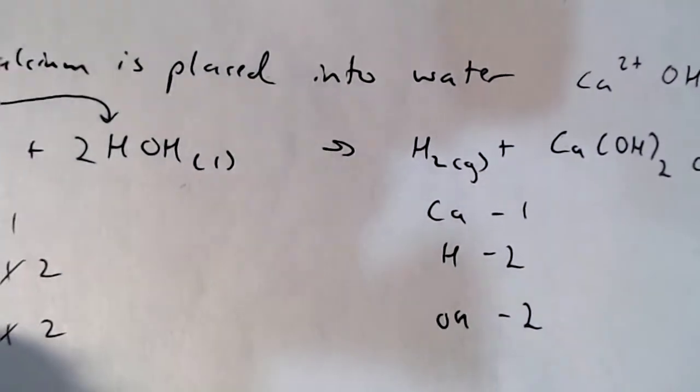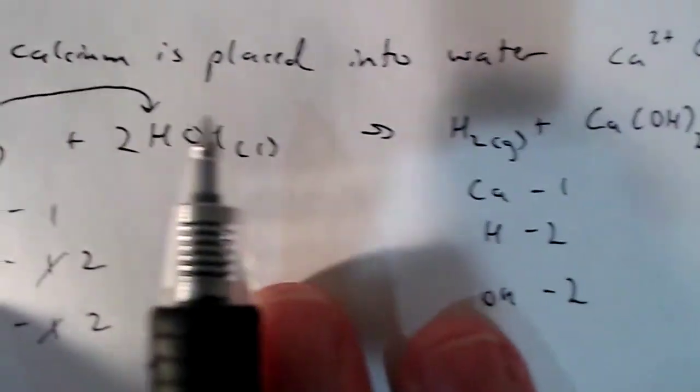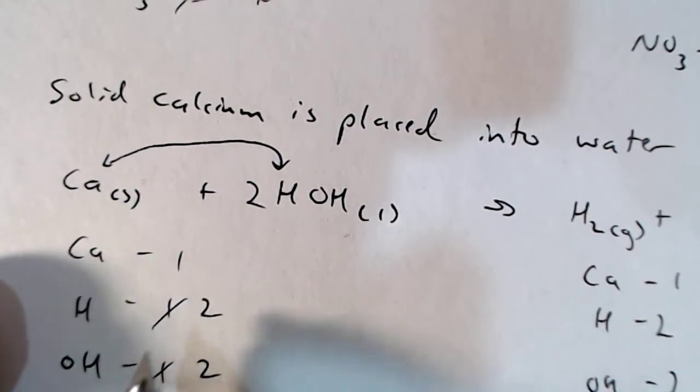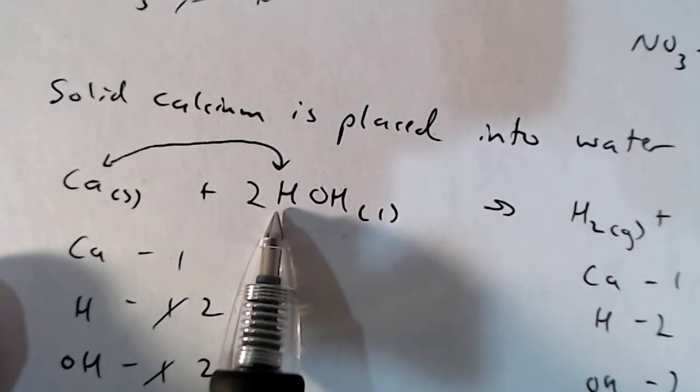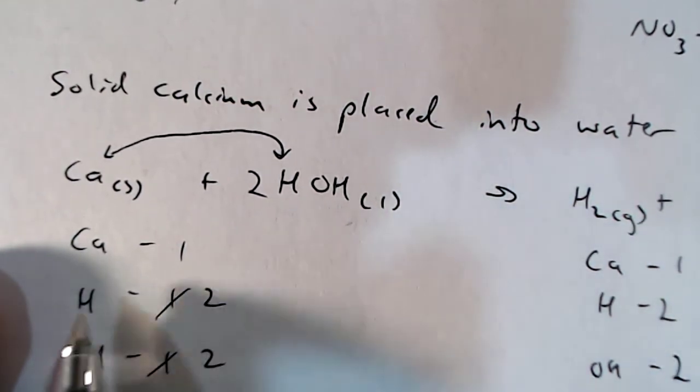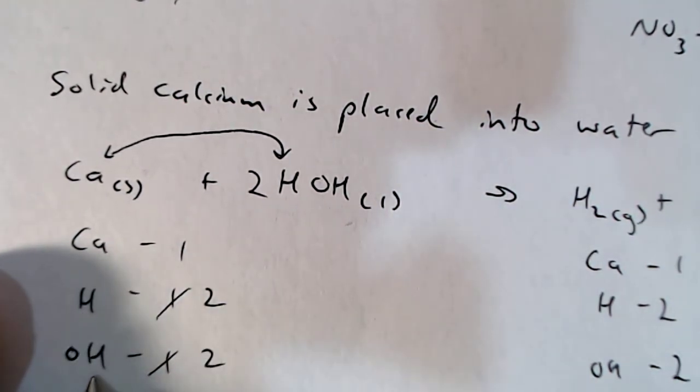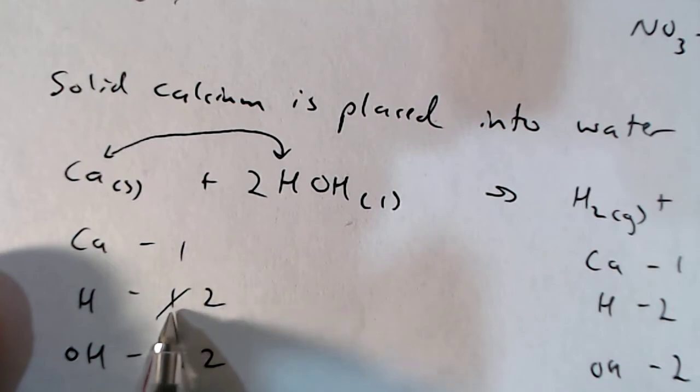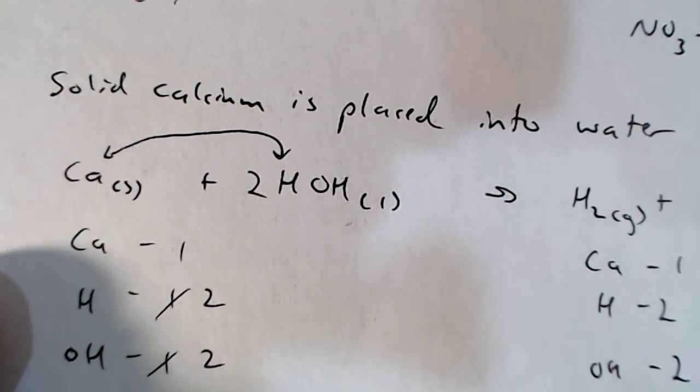So to balance now, we have 1 calcium and initially just 1 HOH. Now I'm going to make this easier to balance by writing H's separate from OH's. So initially we just have 1 H and 1 OH.